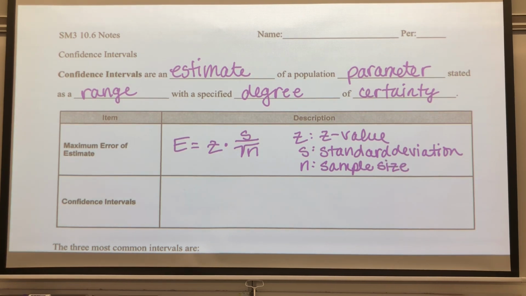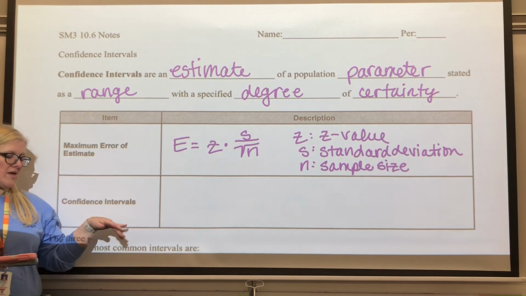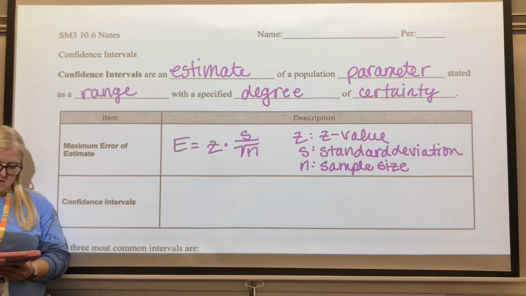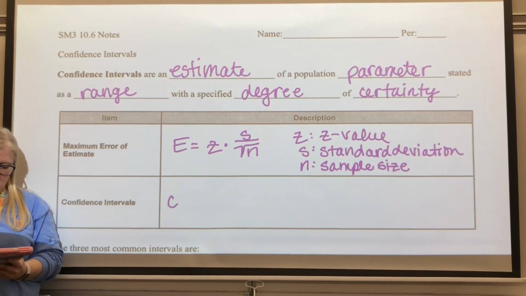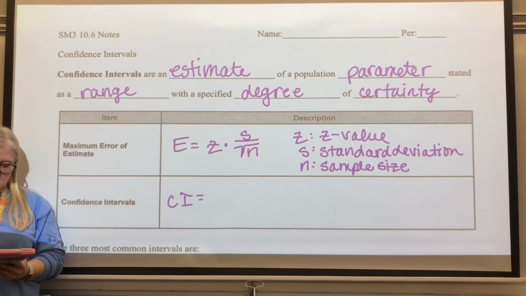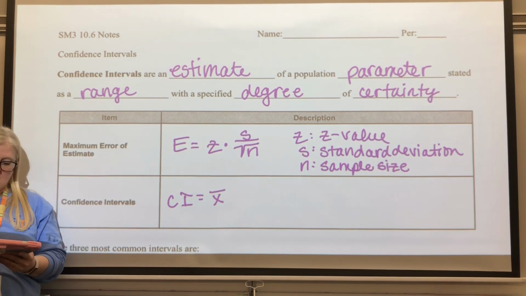Now your confidence interval, which is what we've been talking about up here, I'm going to call it CI, is your sample mean plus or minus this maximum error of estimate.